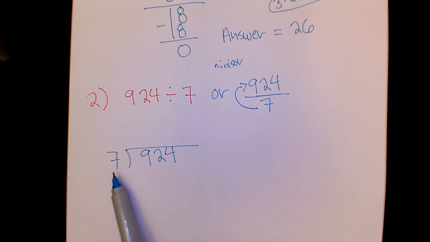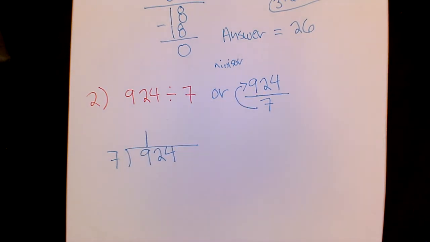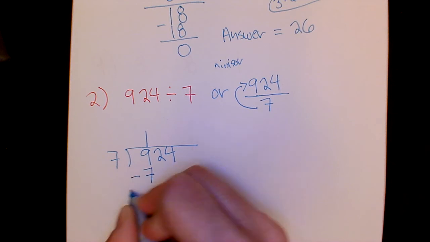Does 7, let's go digit by digit. Does 7 go into 9? Or how many 7s are there in 9? There's 1. And let's put the 1 up over the 9 to show that 7 is going into the 9 once. And 1 times 7 is 7.